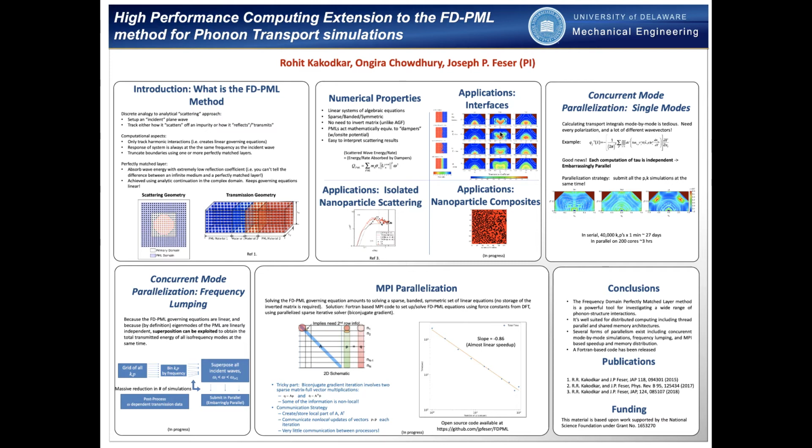And the first most obvious strategy, since it turns out that any simulation at the same frequency will lead to the same characteristic matrix, A, is that we've actually been able to lump all of the k vectors and modes that have the same frequency into the same simulation by just superposing the modes.